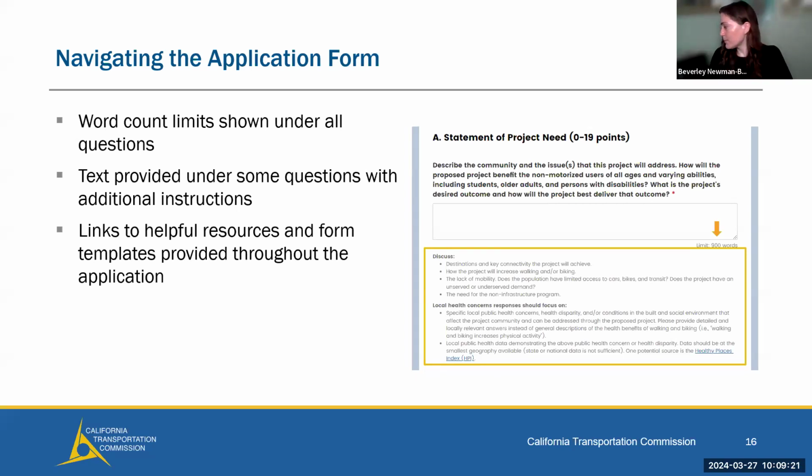So, to save multiple applications of the same type, if you have two small infrastructure applications that you're working on, then either you would need to have a collaborator who initiates it, or you could use a different email address for your account. Once you submit an application, you'll be able to start a new one. But yes, if you want to work on them simultaneously, either you'll need a collaborator or you'll need to use a different email address to register with a different account.